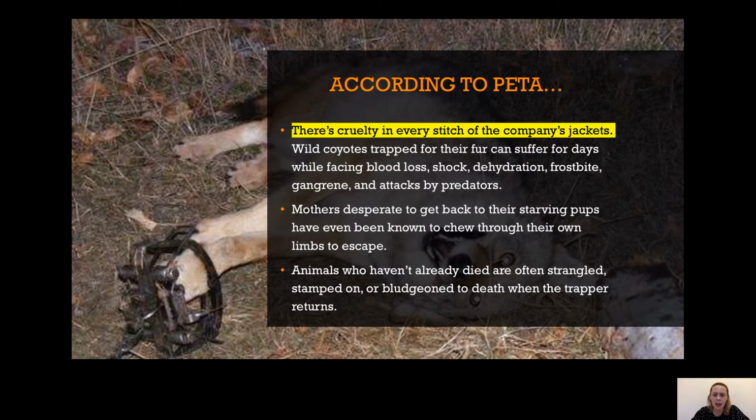Mothers desperate to get back to their starving pups have even been known to chew through their own limbs, so their own arms or legs, to escape. And animals who haven't already died by the time the trapper comes to them are then killed in a brutal way. So this is why PETA are saying that these coyotes are treated in a cruel way, and why they are saying Canada Goose is an inhumane organisation.